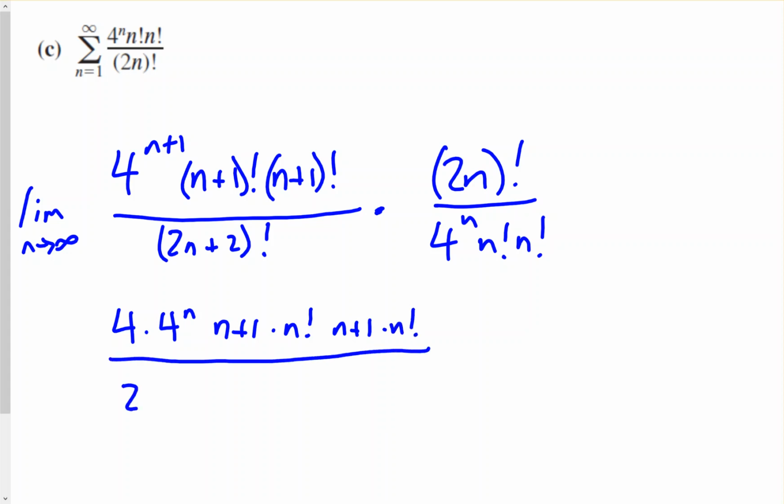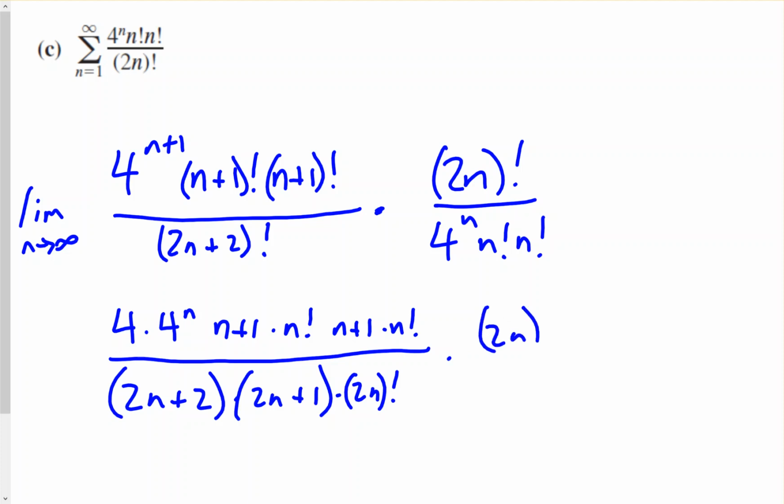The denominator would be 2n plus 2 times 2n plus 1 times 2n factorial, times 2n factorial over 4 to the n, n factorial, n factorial.